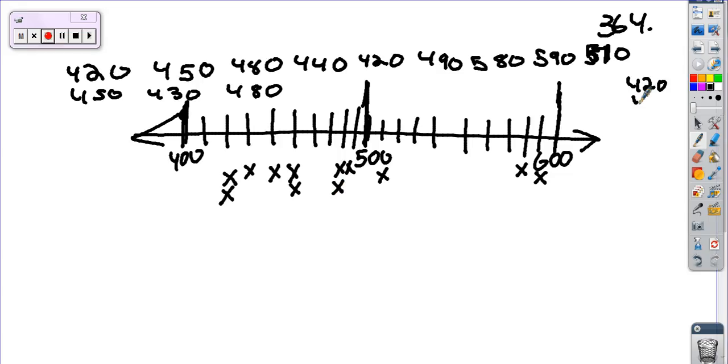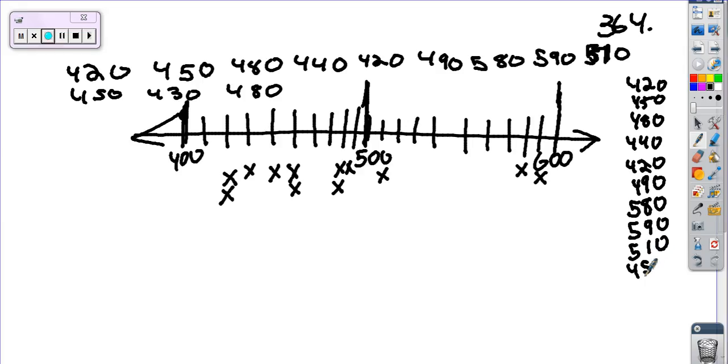So that's 420, 450, 480, 440, 420 again, 490, 580, 590, 510, 450, 430, 480, divided by 1, 2, 3, 4, 5, 6, 7, 8, 9, 10, 11, 12, right? So 12 months of the year. So add all those up, divide by 12.